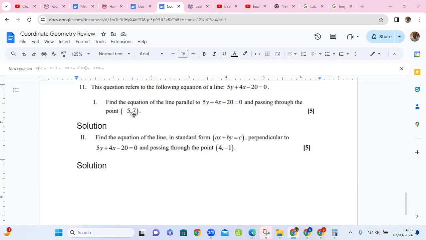So what we have to do now is to find the gradient of 5y plus 4x minus 20 equals 0. To find the gradient of that line, we must rearrange the equation. It must be in the form y is equal to mx plus c.